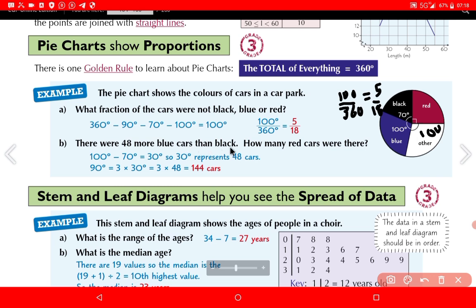So you find the difference between blue and black cars in degrees, and this will give you 30. So 30 degrees is the difference in degrees. The difference in cars is given as 48, but the difference in degrees we found is 30. So this 30 degrees represents 48 cars.